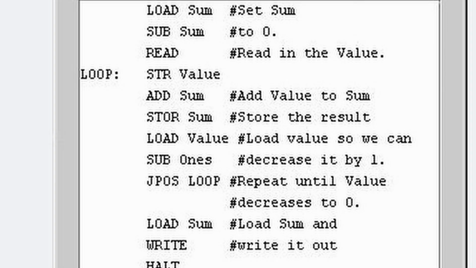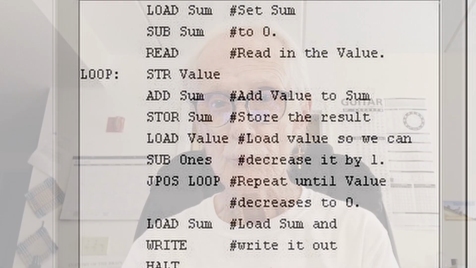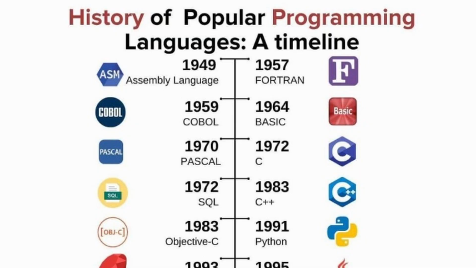But assembly language was still very close to the machine. The programmer still had to think about things like memory addresses, registers, and individual processor operations. We needed another step.